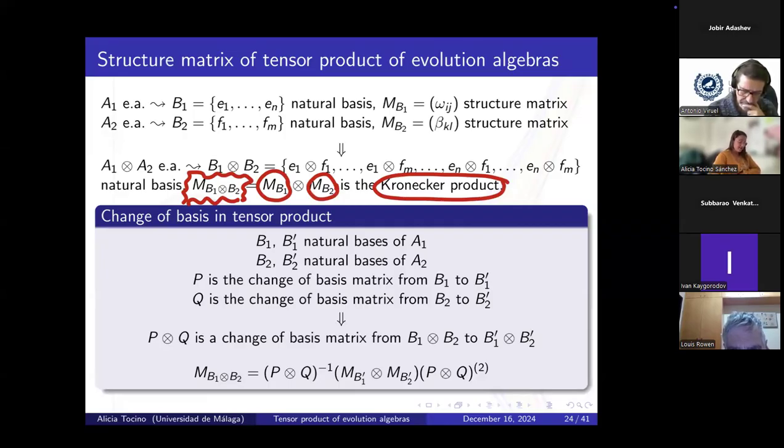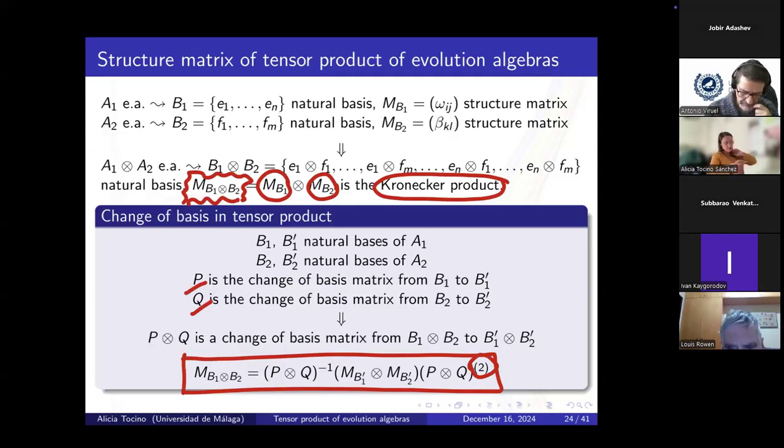Moreover, the same relation between the matrices with respect to different bases is true. So we have here the Hadamard product, and we have P and Q, the change of basis matrices from B1 to B1 prime, and everything works fine here.